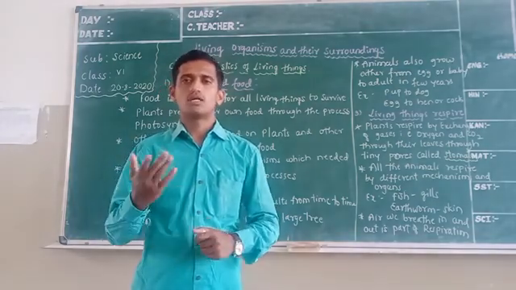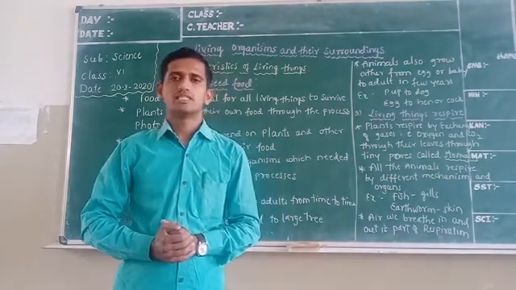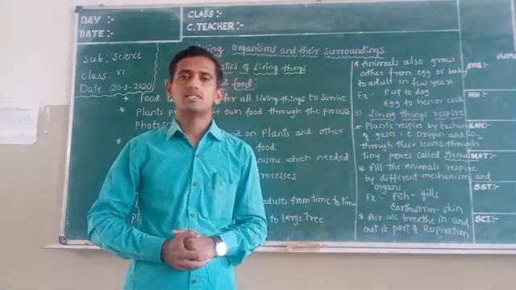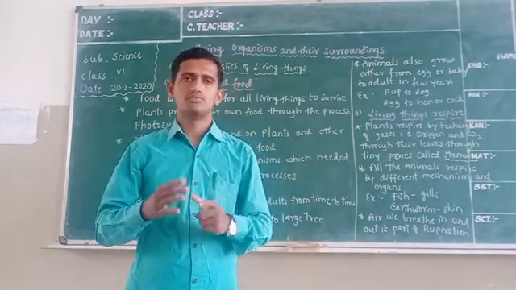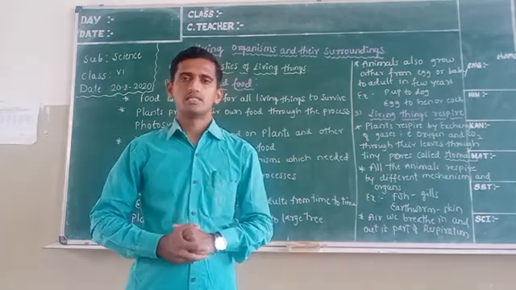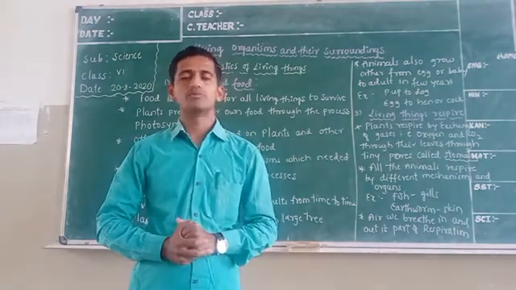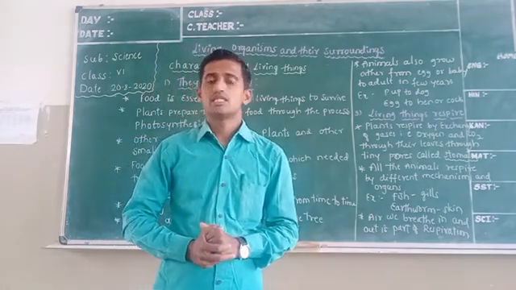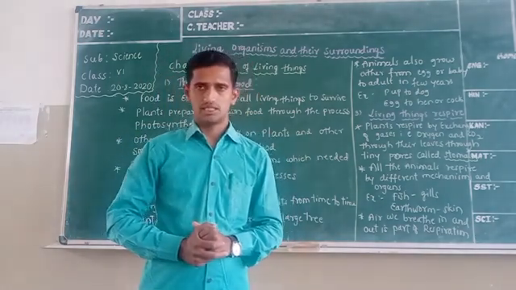On what parameters do we categorize all the things in our surroundings as living and non-living? How can we come to a conclusion about which things seen by us are living and non-living? So in today's class, let us discuss the characteristics of living things.